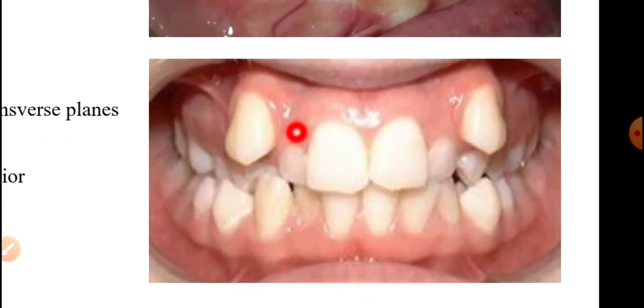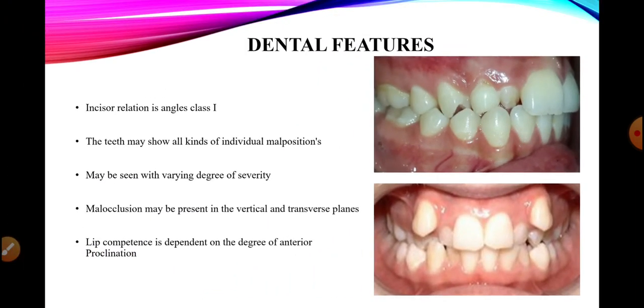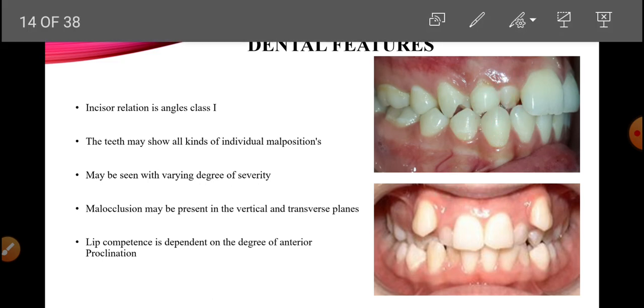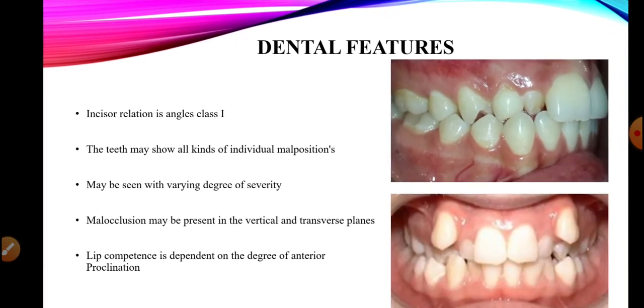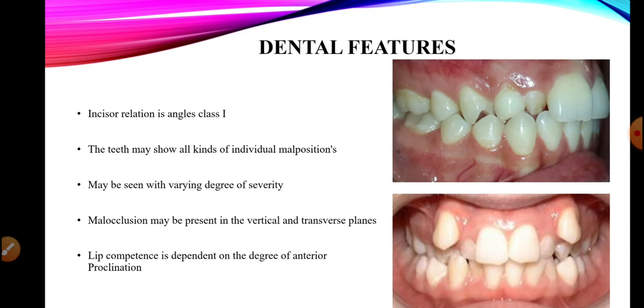We can see rotations, hypodontia, and displacements that will be present. These individual teeth malpositions can be seen with varying degrees of severity. So what do we mean by varying degree of severity?